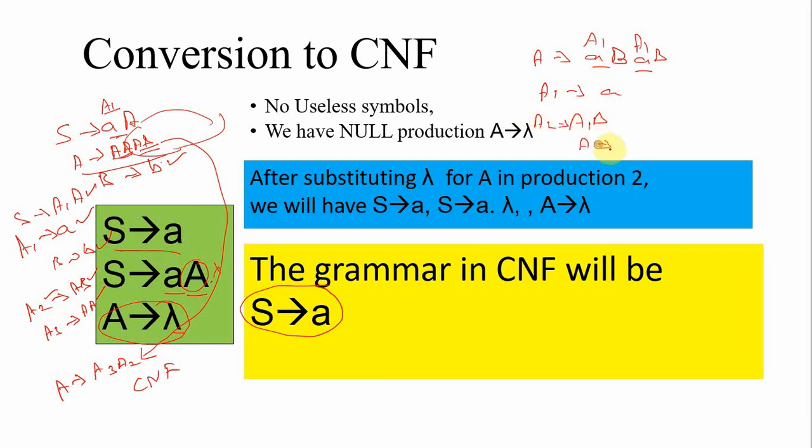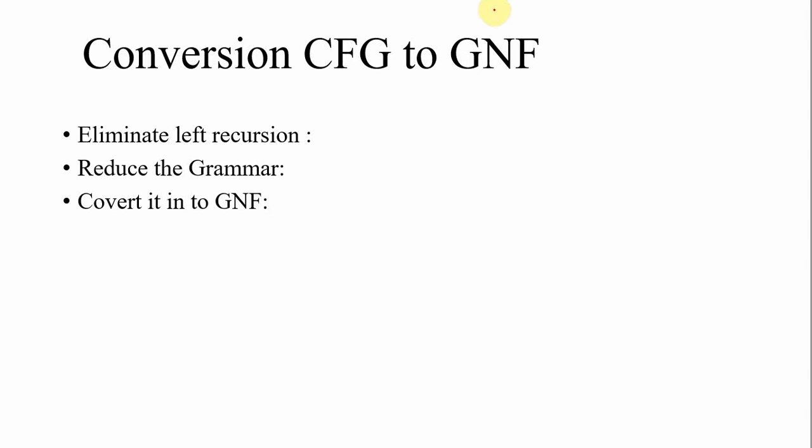So the production of A will become A2. Conversion of CFG to CNF is fairly simple if you know how to simplify the grammar. It will be only the introduction of new variables most of the time and the substitution of the corresponding variables in their positions.